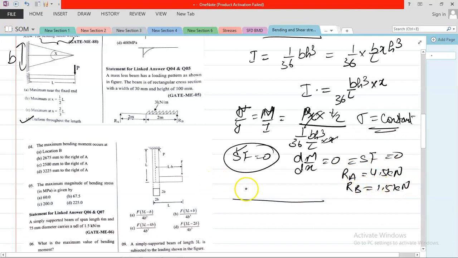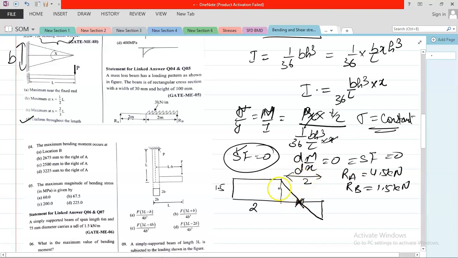Now draw the shear force diagram. You get it like this. Up to this there is no load, so it is constant, then a gradual load, so it will go downward. So 1.5. Now at this location it is 0, so you need to find this location. This whole value is 2.